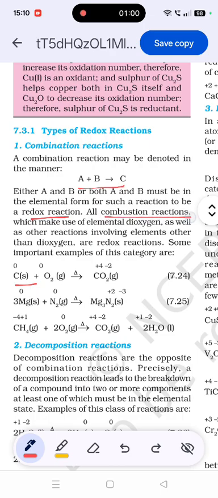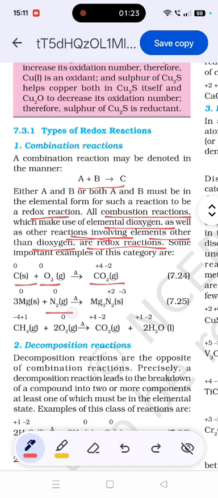All combustion reactions which make use of elemental dioxygen, as well as other reactions involving elements other than dioxygen, are redox reactions. See here, carbon plus oxygen gives carbon dioxide, which is a redox reaction, and reactions involving elements other than dioxygen.